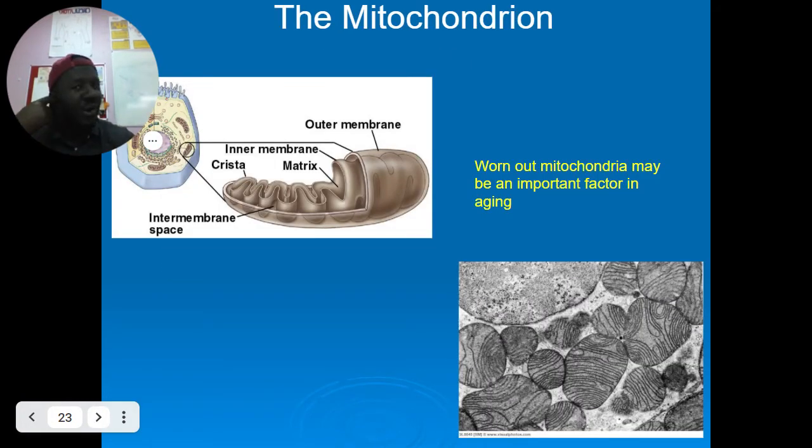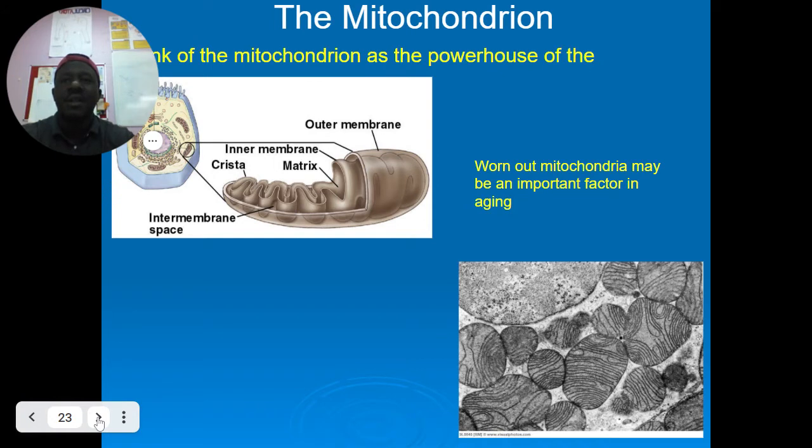Now let us go to the powerhouse organelle number 2, which we call the mitochondrion. It is the powerhouse of the cell. What is its structure? It is a sausage-like structure with two membranes.